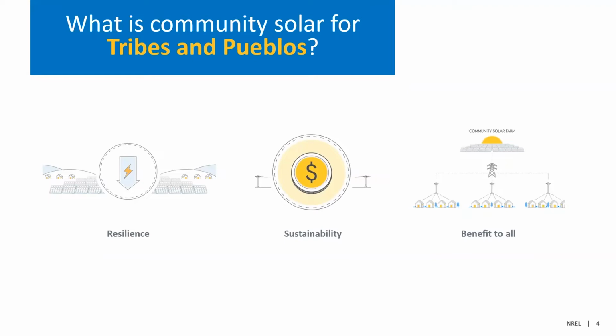While the size of residential solar installations are measured in kilowatts, community solar projects are measured in megawatts, meaning that a single community solar project can power hundreds or even thousands of homes and businesses. It reduces reliance and is more sustainable, providing larger benefits to more people.